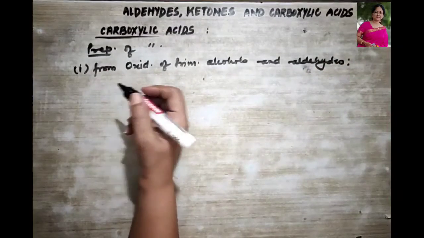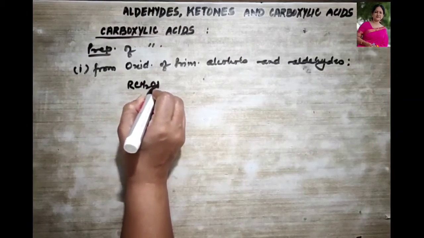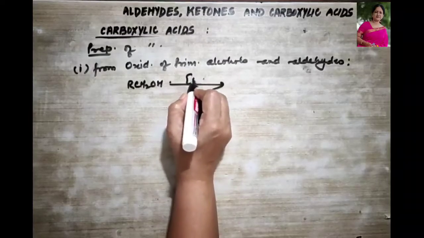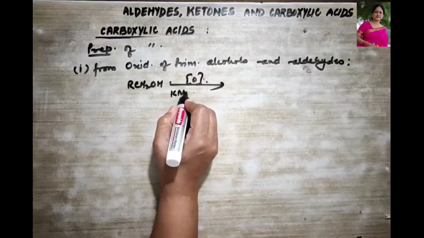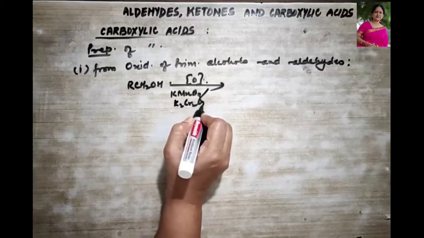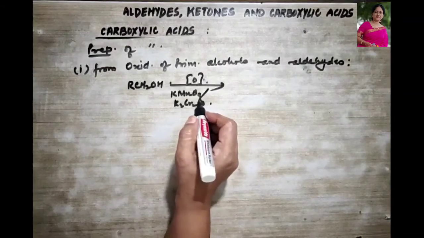So for example, we take a primary alcohol, RCH2OH. This is your primary alcohol. When oxidation takes place, oxidation means we can add KMnO4 or K2Cr2O7. They could be in the acidic or in the alkaline medium.